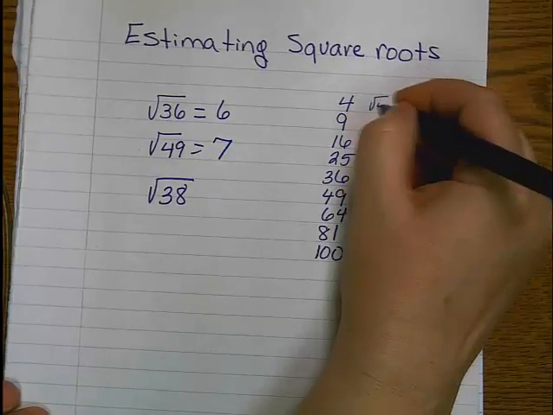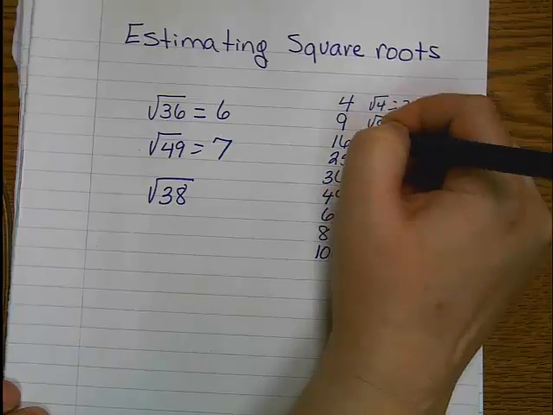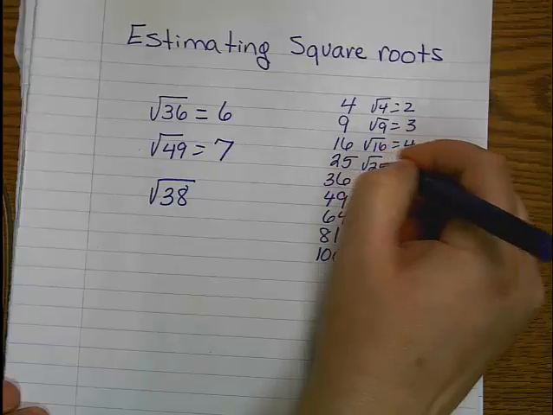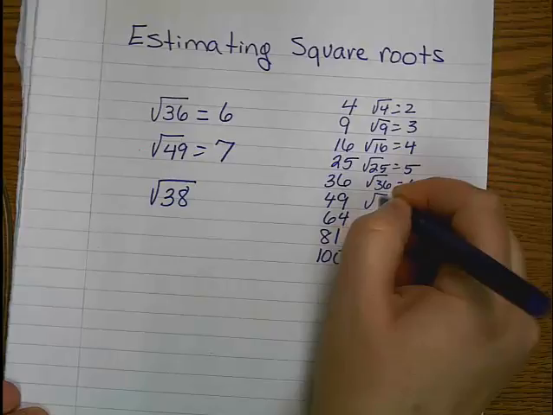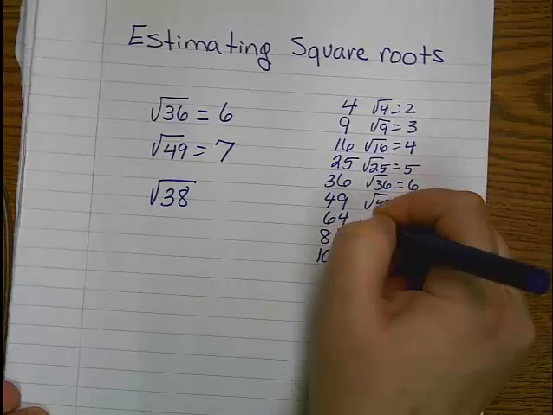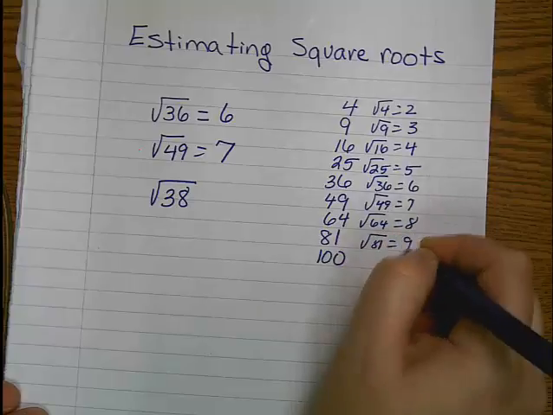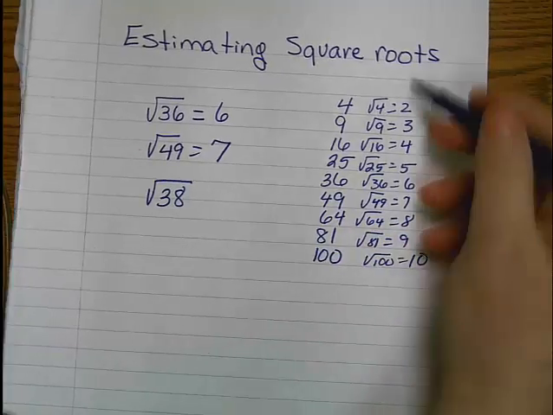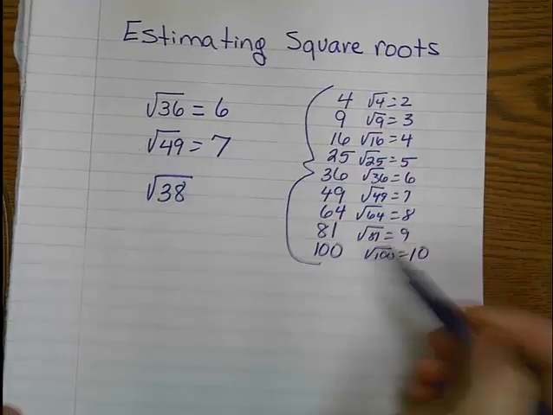So the square root of 4 would be 2, and the square root of 9 will be 3, and the square root of 16 would be 4. The square root of 25 is 5, 6, 7, 8, 9, and 10. Go ahead and hit pause and copy those down so we'll have them. But these are really important.